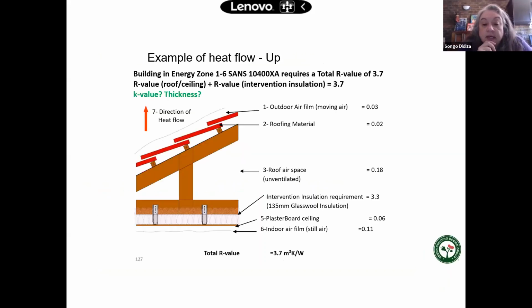If you look at it, we said we want an intervention R value of 3.5. So before we talk about the thickness of insulation, we have to understand what the R value is required. And I'll touch on this and I'll expand on it now, and it should answer Kieran's question.